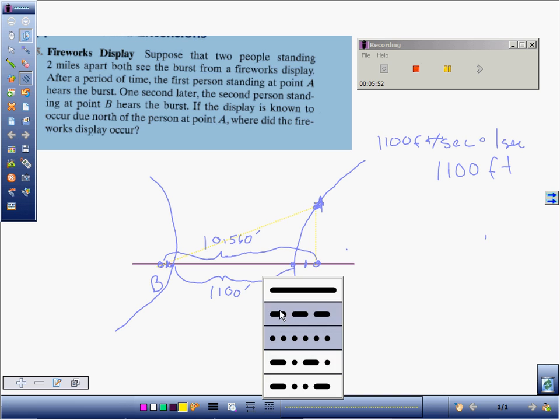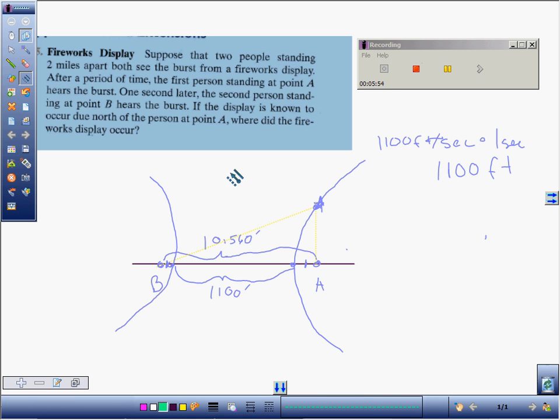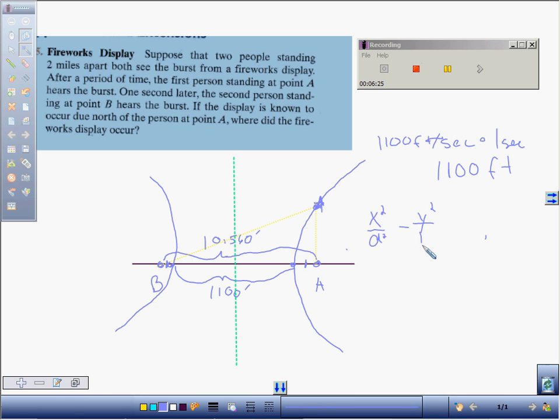If I were going to draw an XY axis right down the middle of this thing, like that, then the distance from here to here is A, and this is C. So I know that this is a sideways hyperbola of the form x squared over a squared, because x comes first if it's horizontal like that, minus y squared over b squared equals 1. See that? That's an A right there.